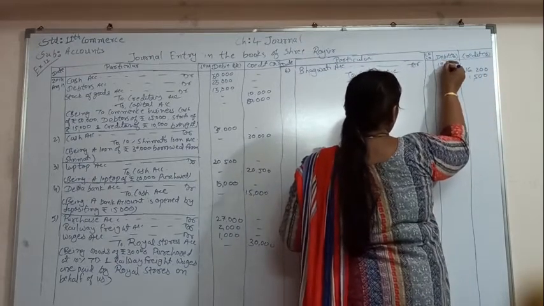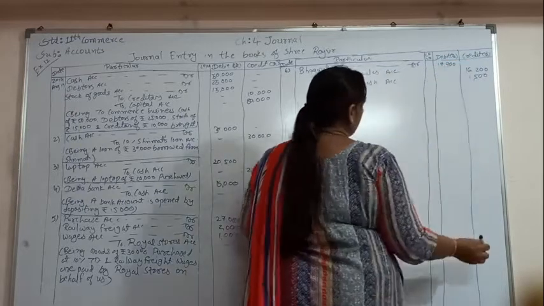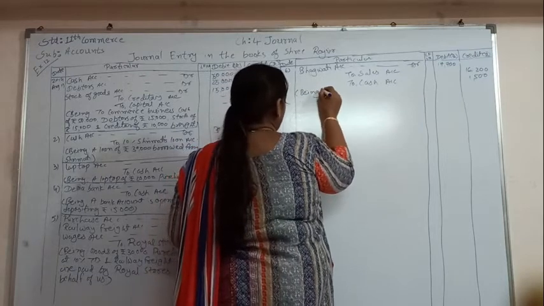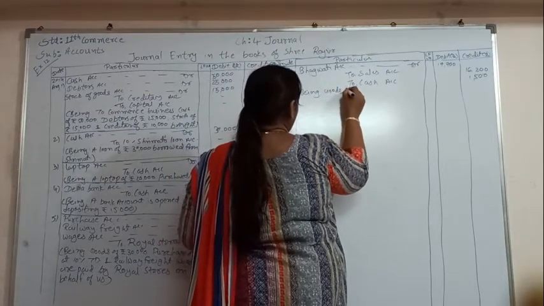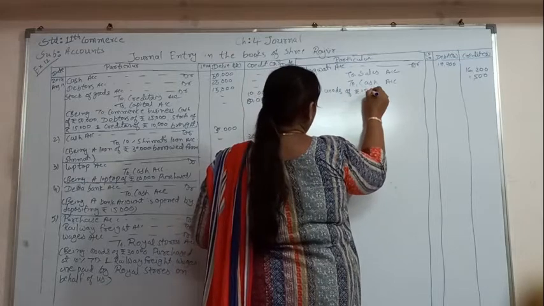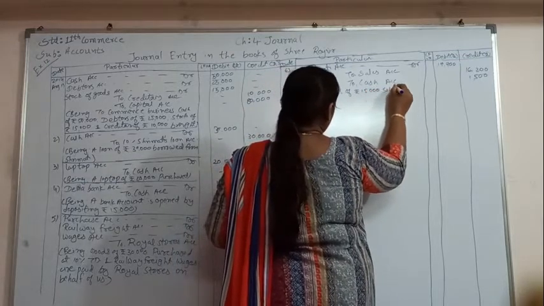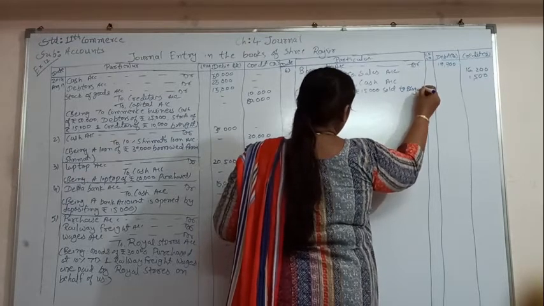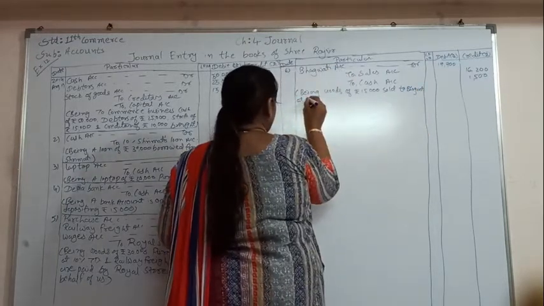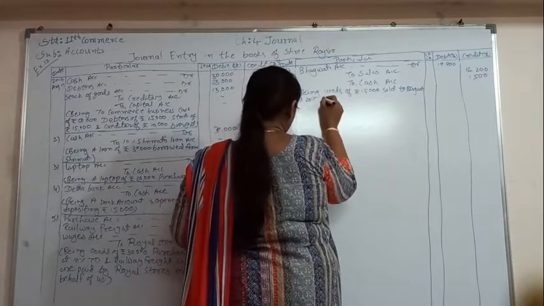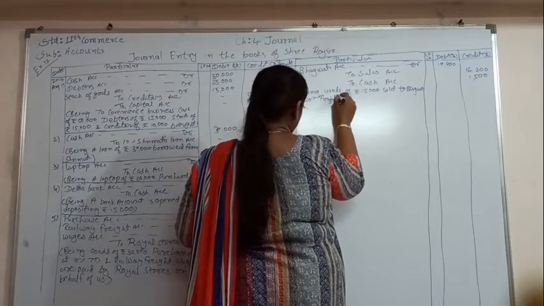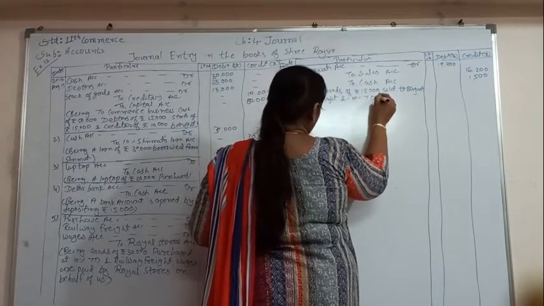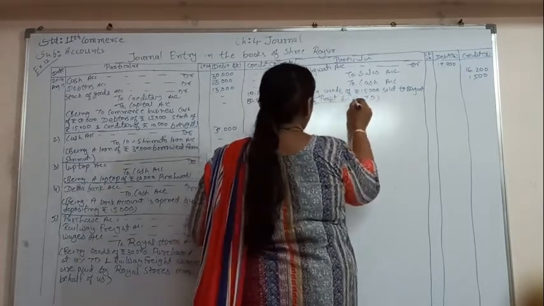So here the total amount will be 17,700, being goods of rupees 15,000 sold to Bhagwati at 20% profit and 10% trade discount. That's it.